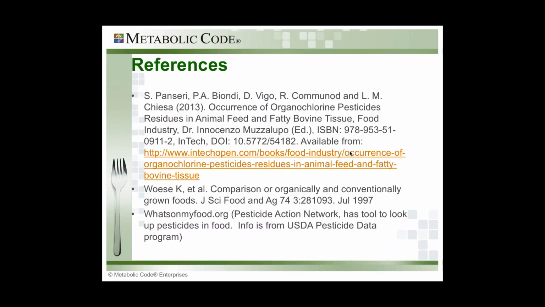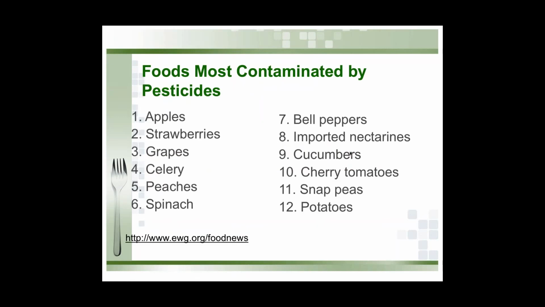And as you know, I love using the Environmental Working Group as a resource for checking what the foods are that are most heavily treated with pesticides. And if you don't buy all your foods organic, because I know it's expensive, if you can at least buy the most contaminated ones in the organic versions.